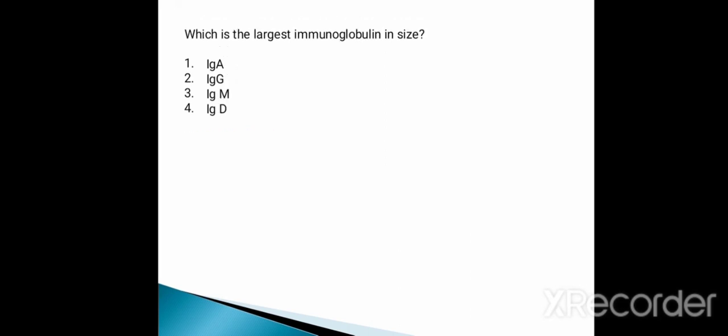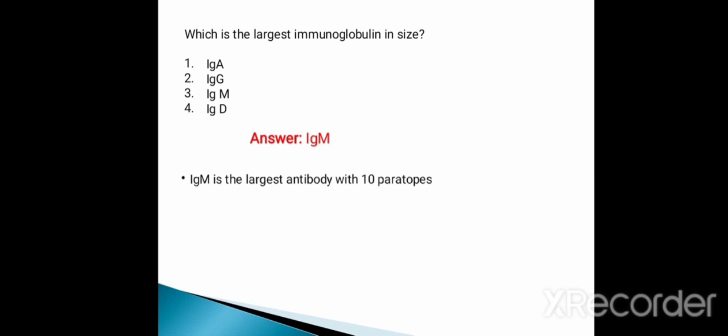Next, which is the largest immunoglobulin in size? Option 1 IgA, option 2 IgG, option 3 IgM, and option 4 is IgD. And the correct option is IgM, because IgM is sometimes found in a pentameric form.